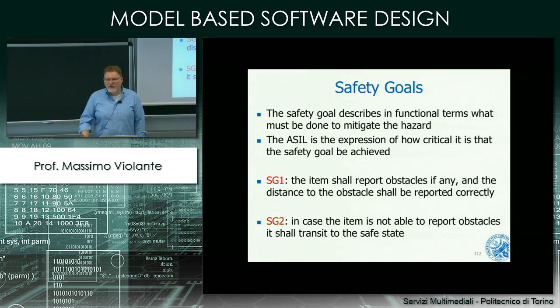We cannot accept to have no indication of an obstacle or a faulty distance from the obstacle. Okay? The other safety goal is, in case the item is not able to report obstacles, it shall transit to the safe state. The safe state is a concept that we haven't seen yet.